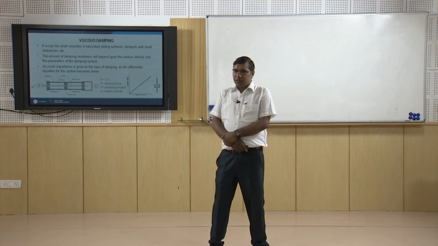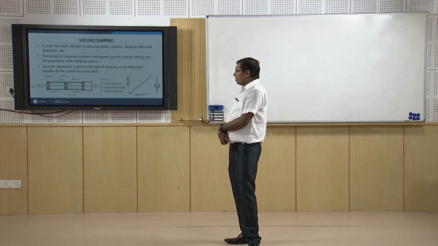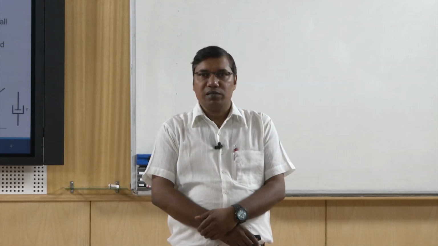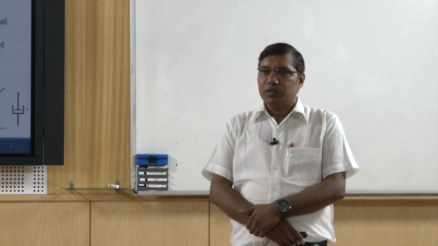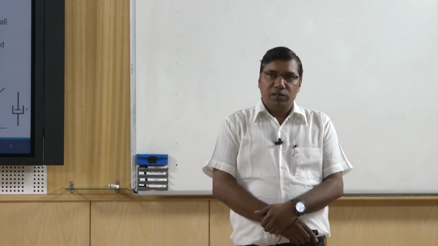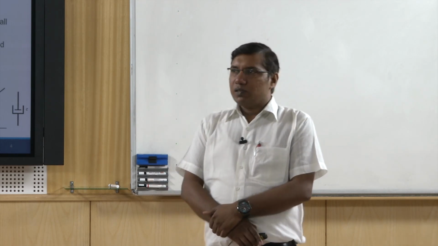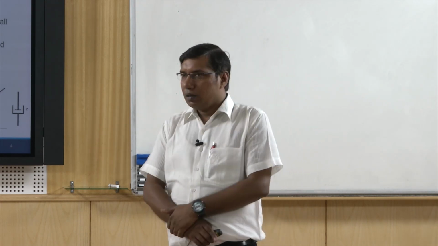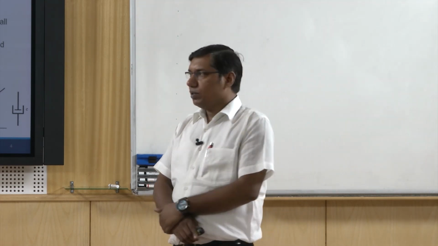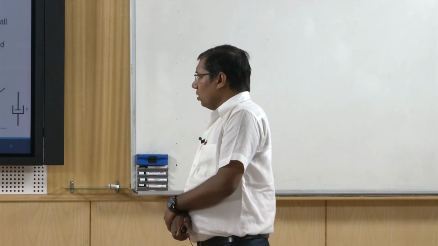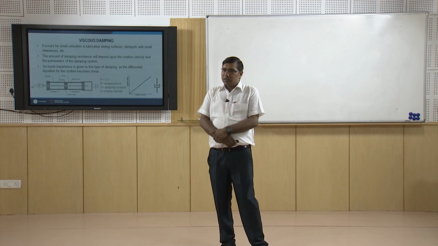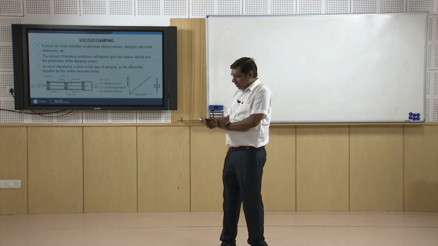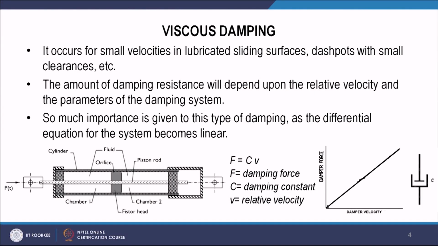Here, viscous damping occurs when a piston moves in a fluid that has some viscosity, and the fluid is allowed to pass through some orifice. So there is a small velocity of the movement of the piston. For this kind of damping, the force and velocity relationship is linear.